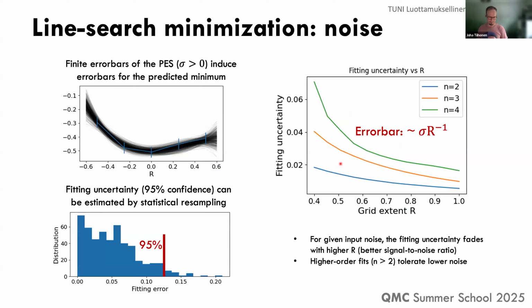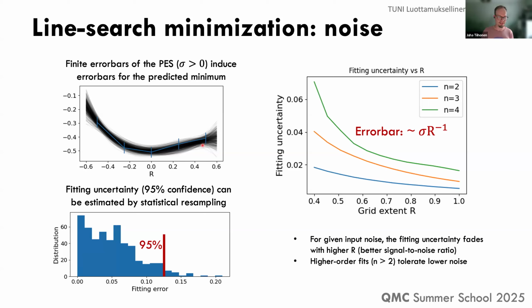The other part that we have to treat is noise. So when evaluating a noisy PES, we always get a finite uncertainty of the energy values. They are given with the blue error bars in the top left plot here, and these black curves represent different resamplings of the fit based on resampling of the energies obeying these error bars.